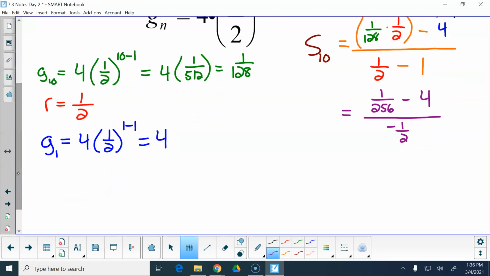So that is 1/256 minus 1024 over 256 times negative 2 over 1.